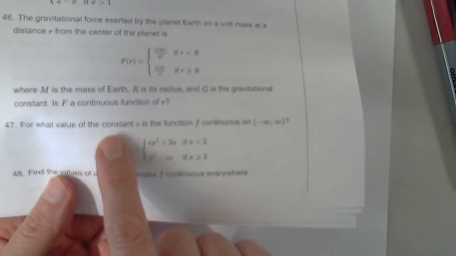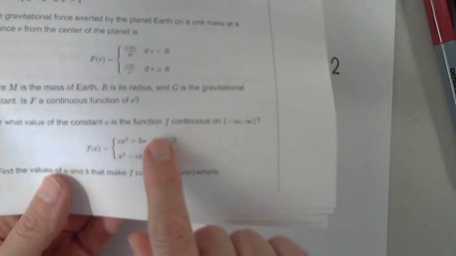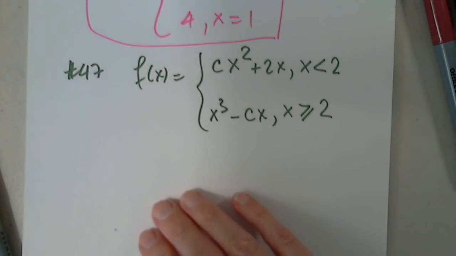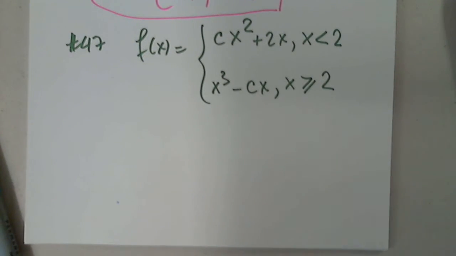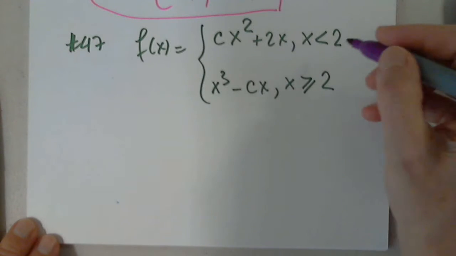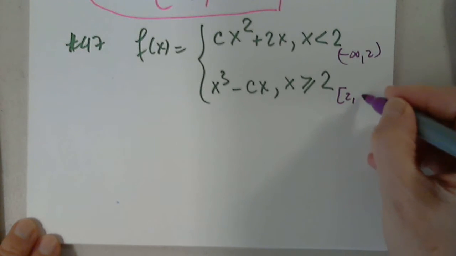For what value of the constant c, or parameter c, is the function f continuous everywhere? So the first thing that I have to write is that these two branches, so remember this is negative infinity to 2, and this one is 2 to infinity.